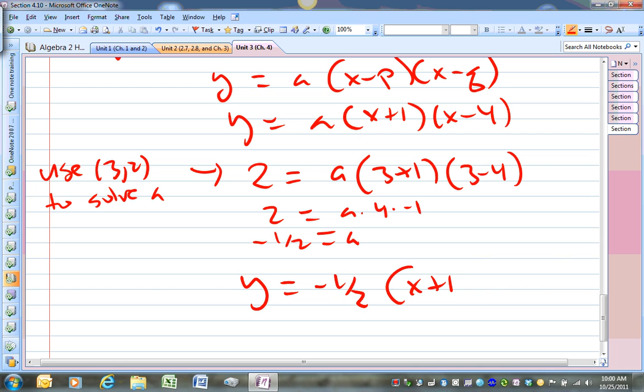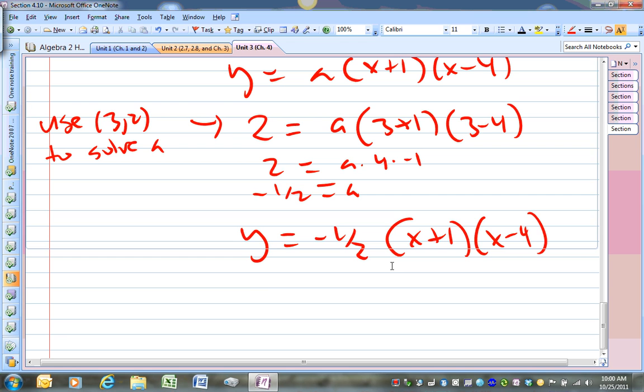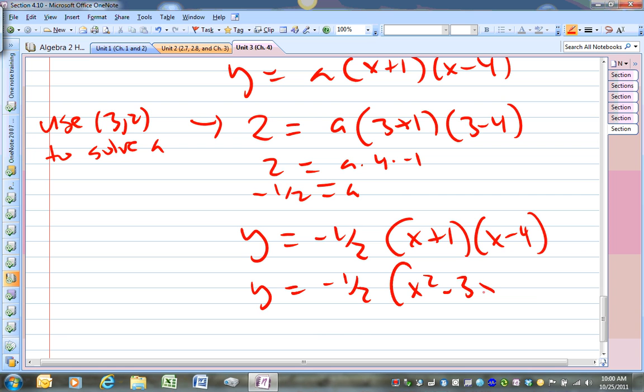Again, if you said the answer is that, shame on you again, because we're asked to write this in standard form. So you have x squared minus 3x minus 4. We have -1/2 x squared plus 3/2 x plus 2. I think I did that right.